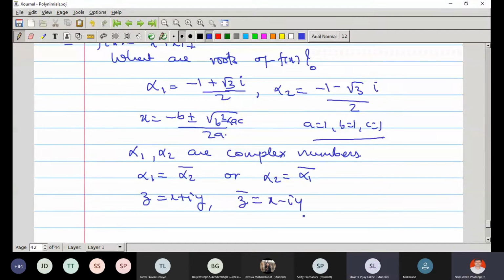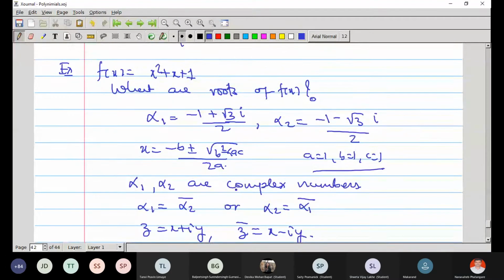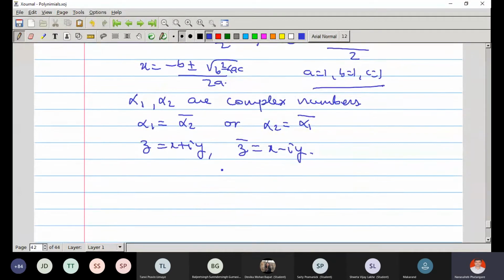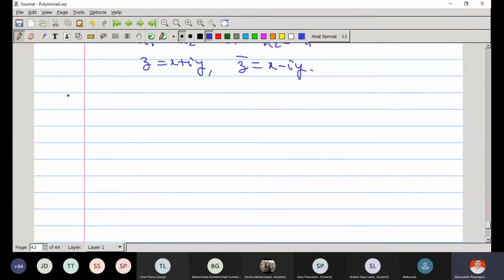Complex. Right? So roots are complex, and then one root is the conjugate of the first root. Therefore, is it possible that there is a polynomial with real coefficients?